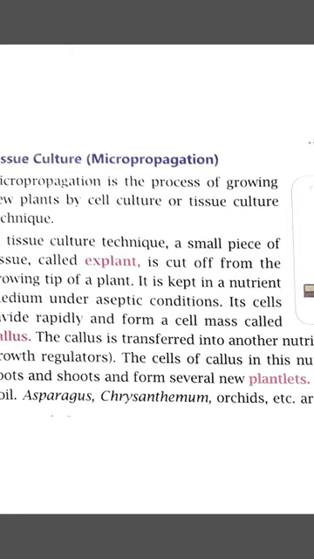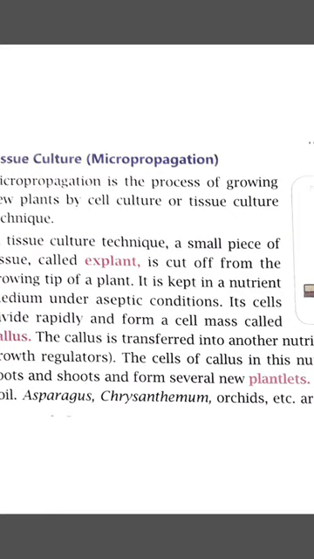What happens in tissue culture is that a small piece of tissue called an explant is cut from the growing tip of a plant. Growing tip means you can cut whatever it is, in the roots or in the shoot part.